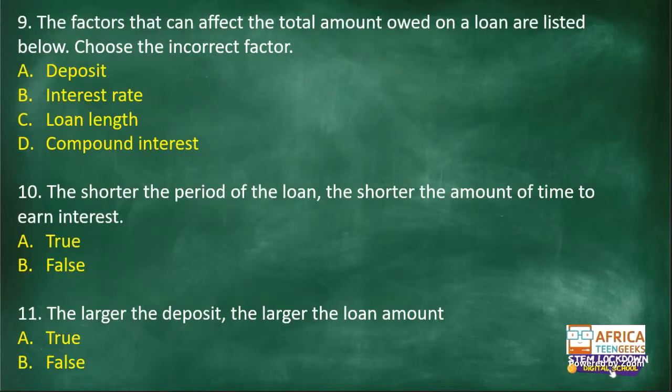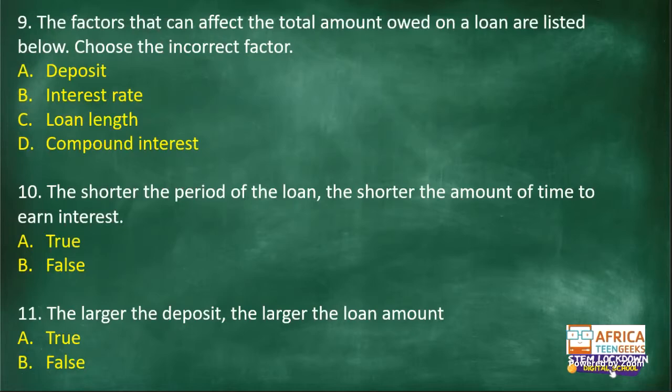And of course, if you check thoroughly with the first example that we had, you'll remember we had an example where we paid a deposit and then we also had a loan amount.